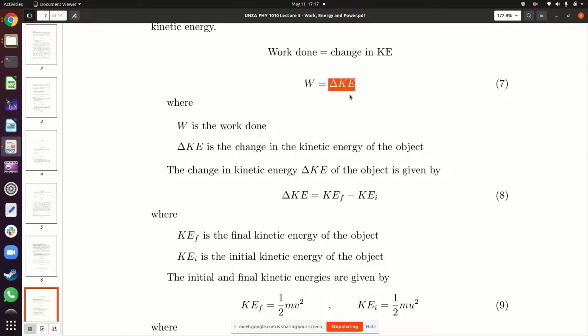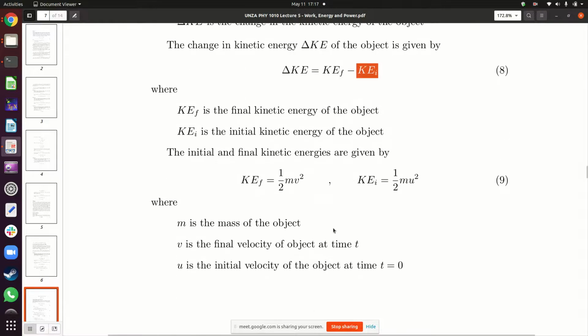How do we work out the final kinetic energy and the initial kinetic energy? The final kinetic energy, KEf, is equal to half mass multiplied by the final velocity squared. The initial kinetic energy, KEi, is equal to half mass multiplied by the initial velocity squared.